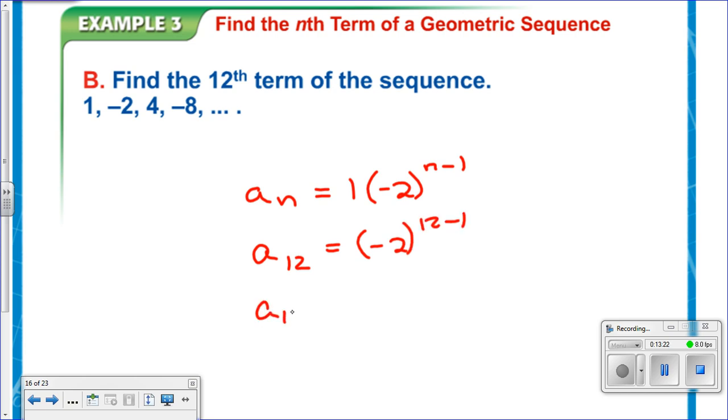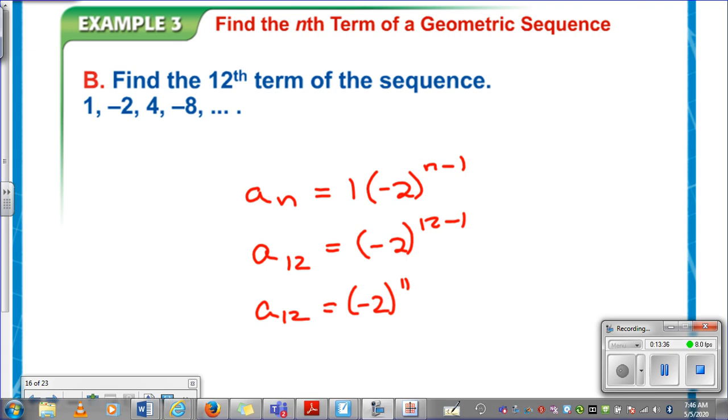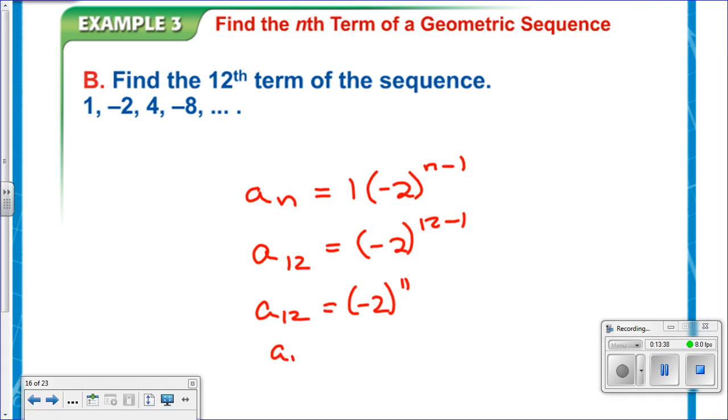So a sub 12 is equal to (-2) to the 11th power, and now all I have to do is just put that in my calculator, and that should be a lot easier. So negative 2 to the 11th power is actually negative 2,048. Done. That's the beauty of the explicit formula.